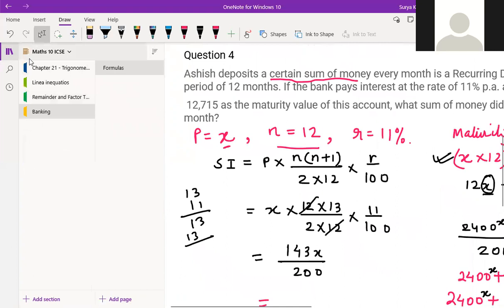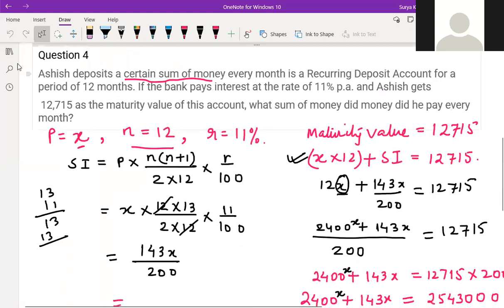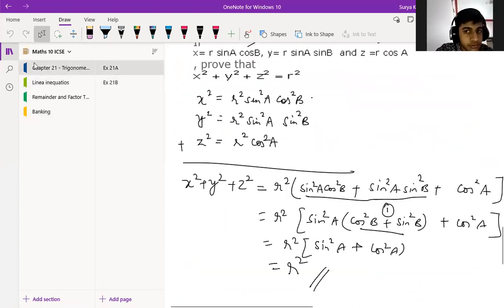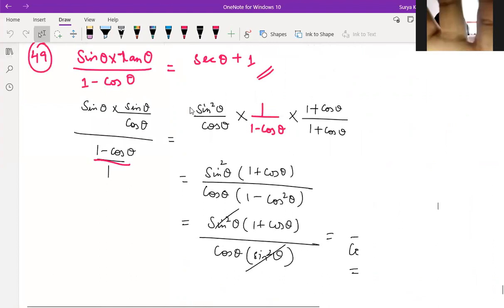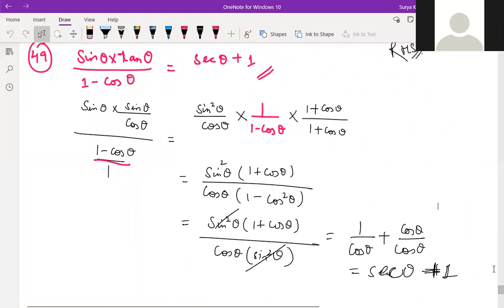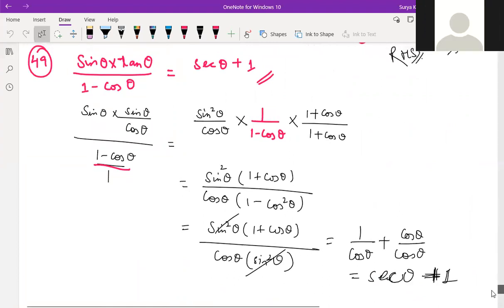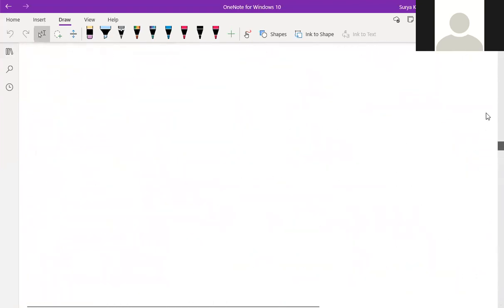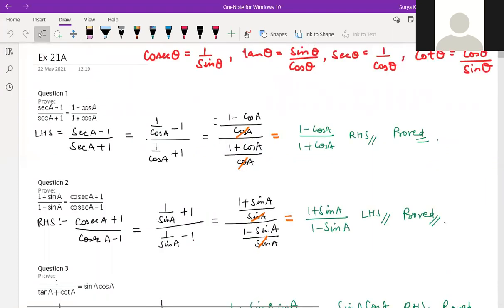I'll share the PDF with answers where I have solved everything. So 49 questions are there in this, different types of small questions. Based on that only, I have solved everything in this.